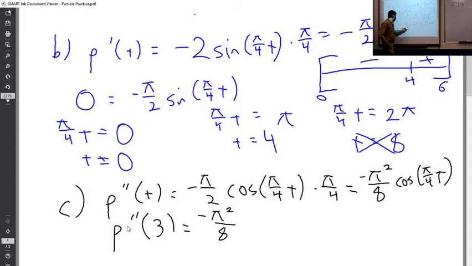So now we're going to plug in 3 for t to get our acceleration here at 3.